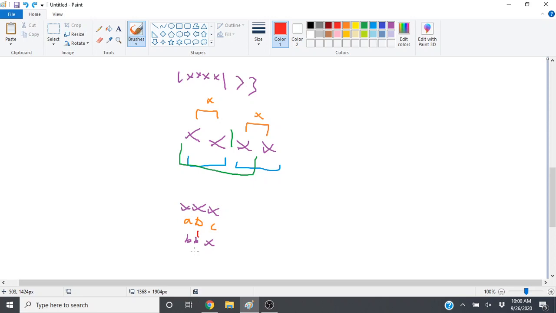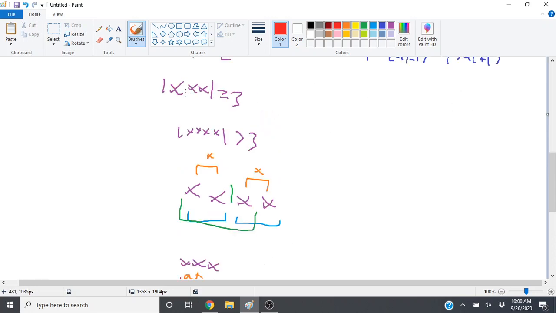So if none of these 3 elements are X, then we have a better configuration we can have. So basically, among every 3 consecutive elements, at least one of them is equal to X. Which is equivalent to saying that every element is adjacent to one X in this group of X's.